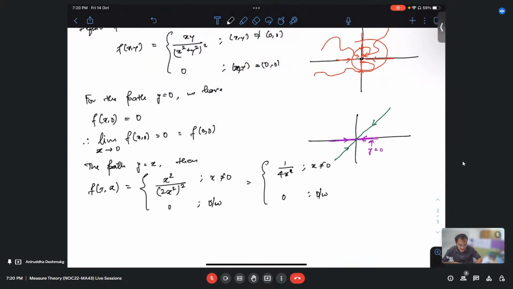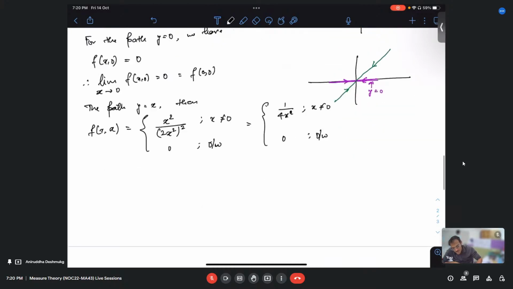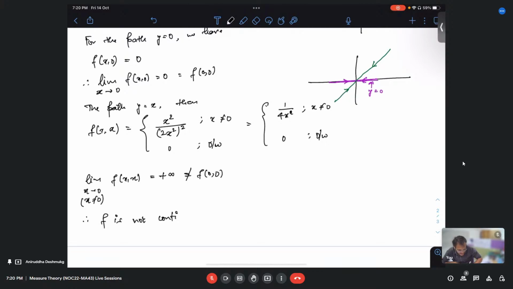It doesn't matter because it is an even function. So whether you come from top or below, right, left, everything is the same. So in this case, the limit as x goes to 0 of f of xx, with x non-zero, is plus infinity, because as x goes to 0, 1 over x square shoots up, and which is not f of 0, 0. Therefore, f is not continuous at xy equal to 0, 0.